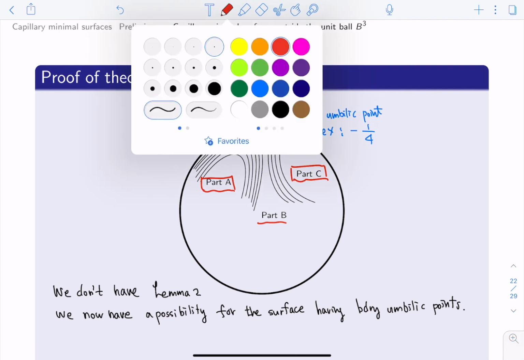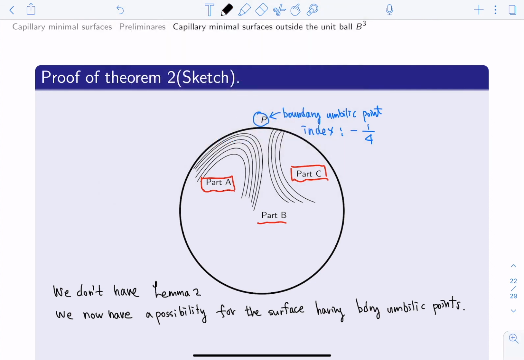So it means that phi z has a pole other than the puncture. So this is an immediate contradiction. So we find out that there is no boundary umbilic point.